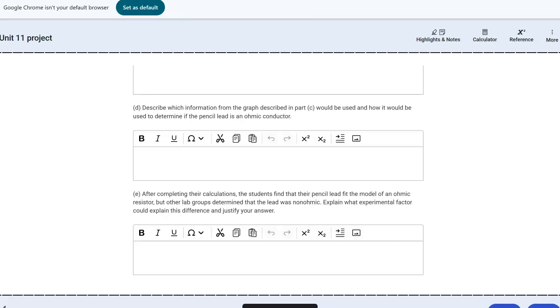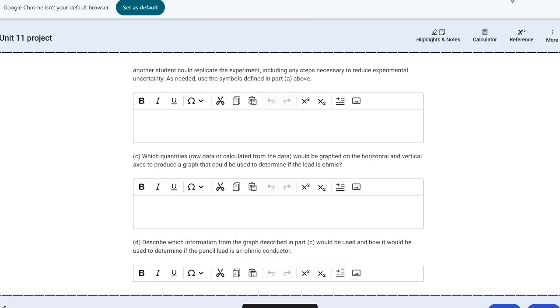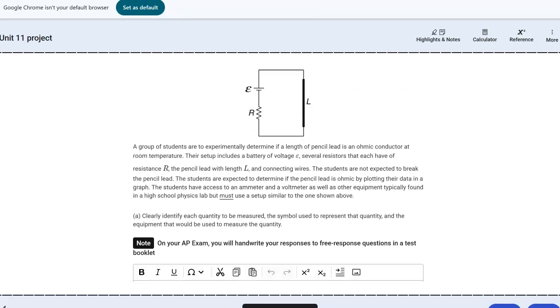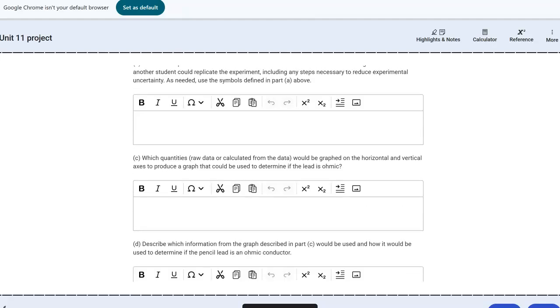That would increase its resistance and cause the V versus I graph to be a curve instead of linear. They measured it to be non-ohmic because they altered the resistance of the pencil lead by leaving the battery on.